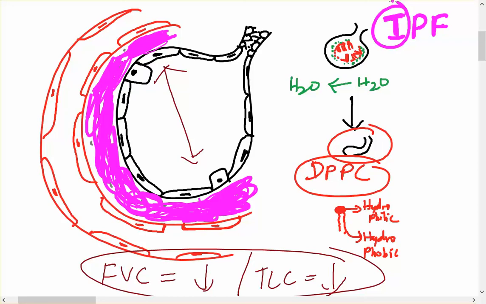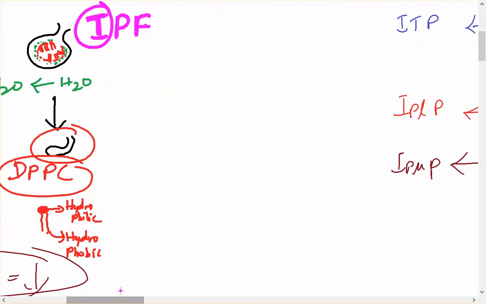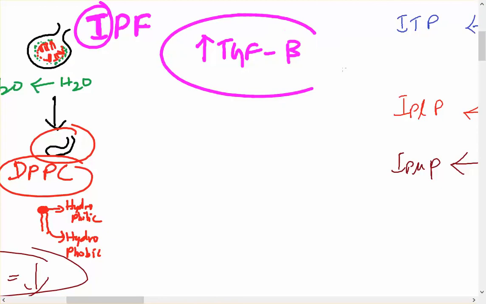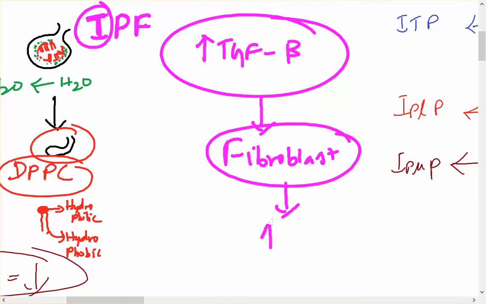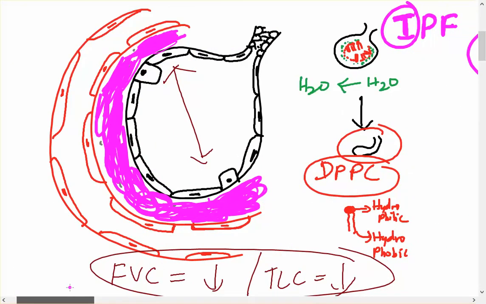There are many pathogenesis hypotheses. One of the reasons is they have increased transforming growth factor beta. This keeps stimulating the connective tissue cells like fibroblasts, and they produce more collagen. So collagen is increased, and that ends up with fibrosis. Understand? Okay, now let us come to our interstitium.